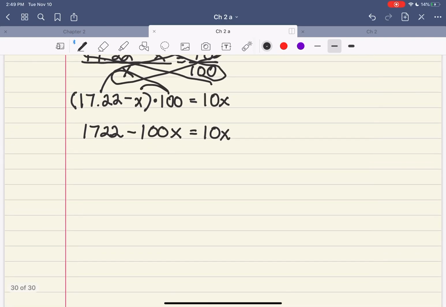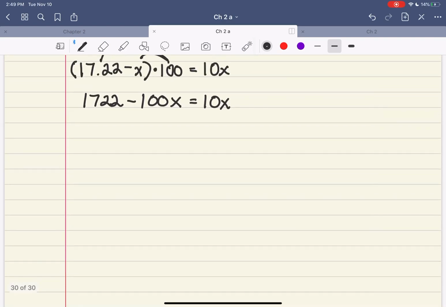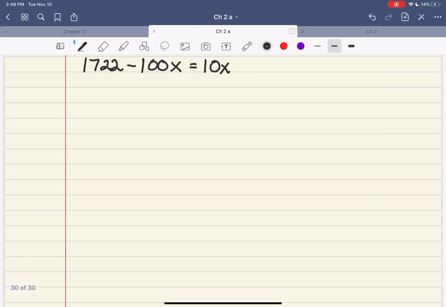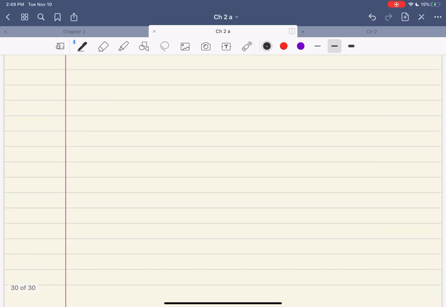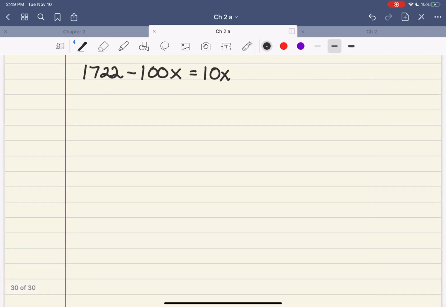Okay, now, once again, when we get to this step, we just have an equation. Normally we have one-step equations where we just have to do one thing when we've been dealing with proportions before. But this time we have a two-step equation, okay? So I need to move all of the x's so they're on the same side of the equal sign. Just look at that. So this is the x, this is what's attached to the x, it's the 100. So it's a minus 100. I need to add 100 to both sides.